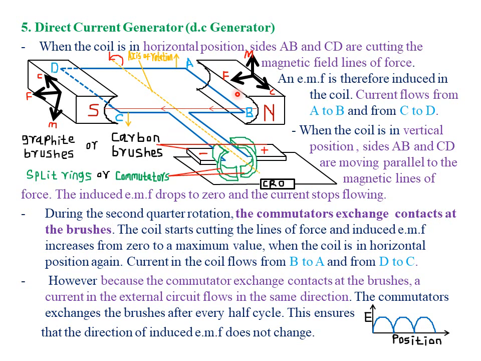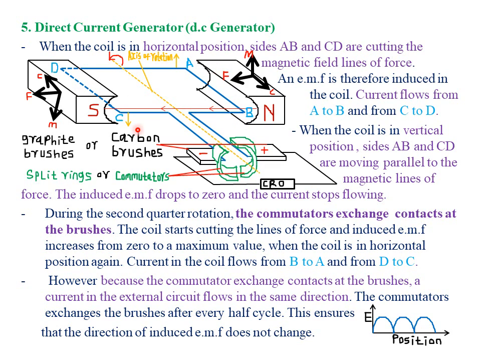Side AB replaces DC. So this side AB will move to this side, to this commutator on the left hand direction. At the same time, DC will replace the side of AB. So when DC comes to this other side, it will be on the right hand commutator.